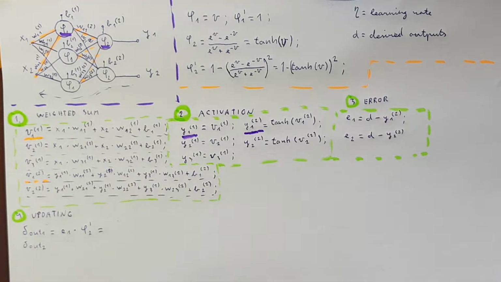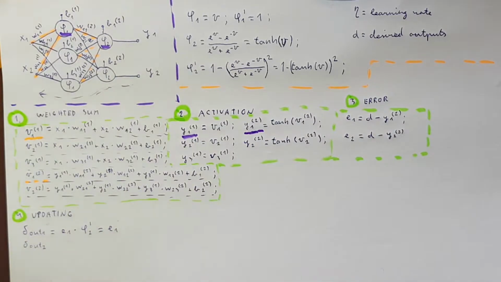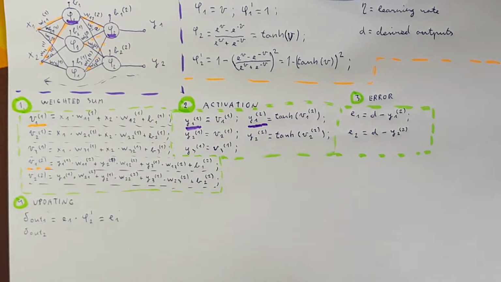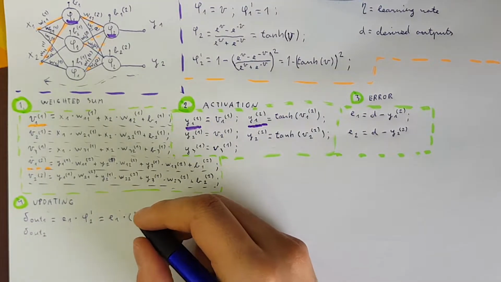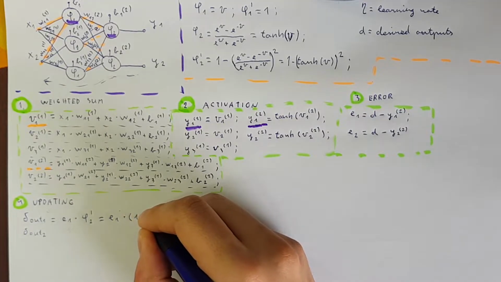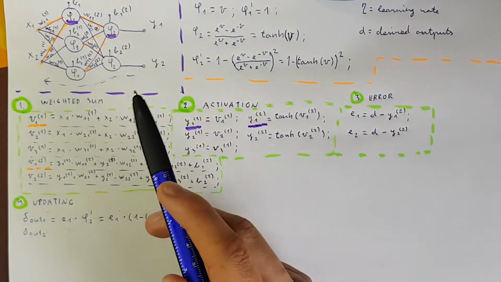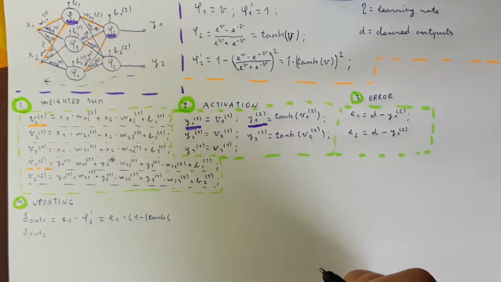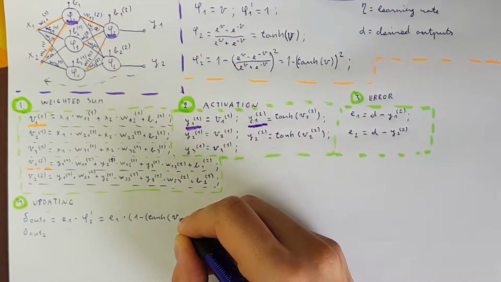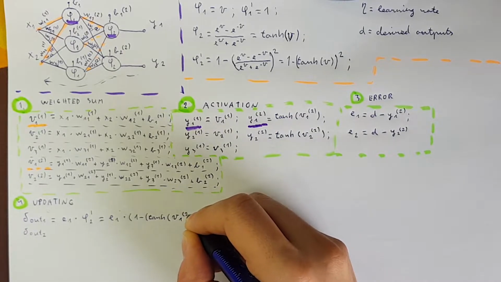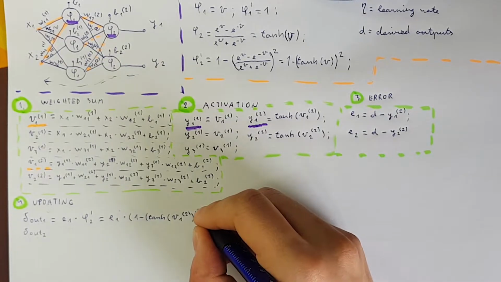We have to write it down for every neuron, so that would be E1, error 1, multiplied by 1 minus tanh, where this tanh is the activation of our second layer, so tanh of V1 of the second layer, squared.